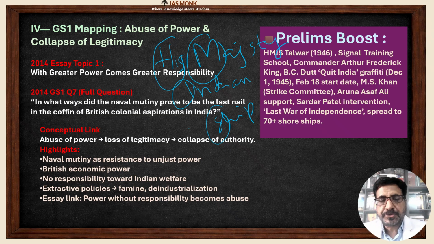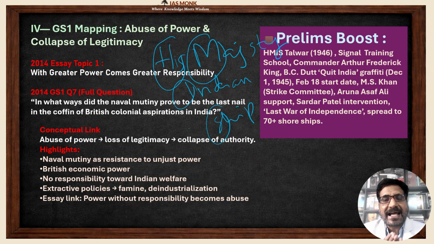It is actually a training school anchored at the shore of Colaba, Mumbai, or Bombay at that time. It has one commander also. So the mutiny started there. See how the events unfold.